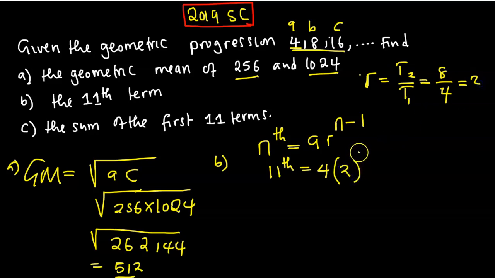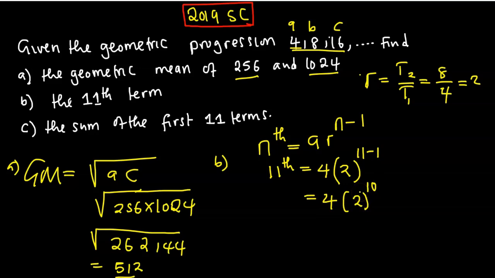Then to the power of the 11th term, 11 minus 1. So 4 multiplied by 2 to the power of what? 11 minus 1 is 10. So don't make the mistake of multiplying 4 by 2 first; start by dealing with the exponent first.